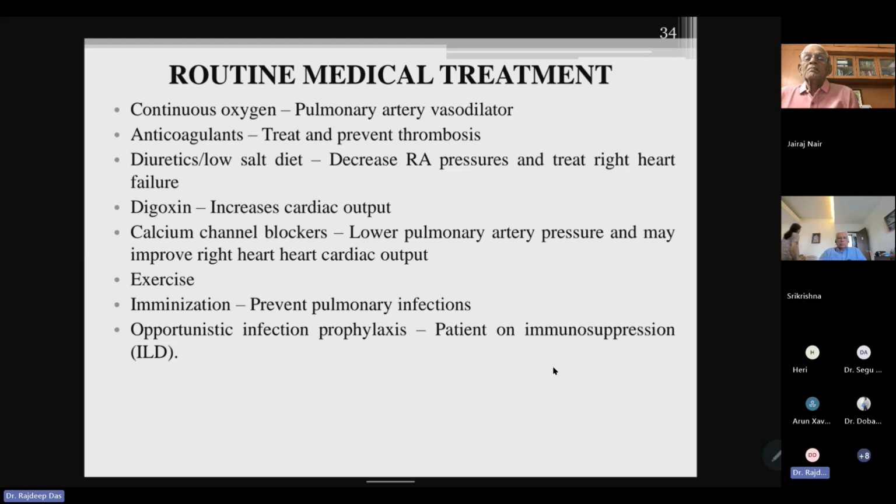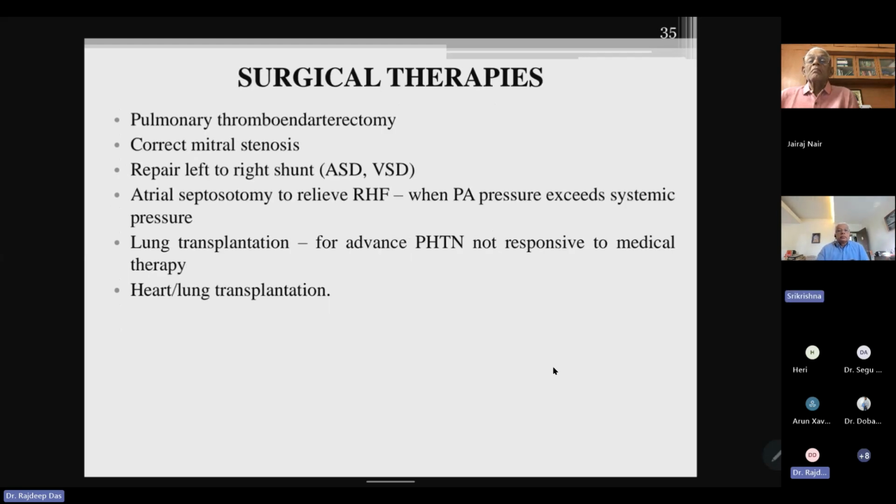Calcium channel blockers lower the pulmonary artery pressure and may improve the right heart cardiac output. Mild aerobic exercise, immunization to prevent pulmonary infections, and opportunistic infection prophylaxis for patients on immunosuppression due to ILD treatment. Surgical therapies we'll discuss later.